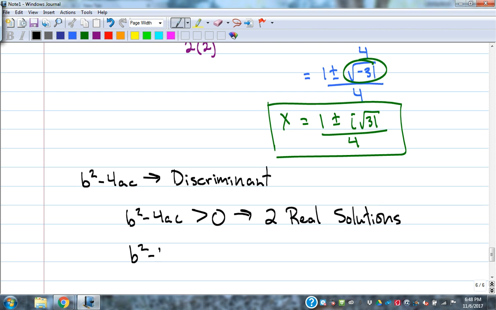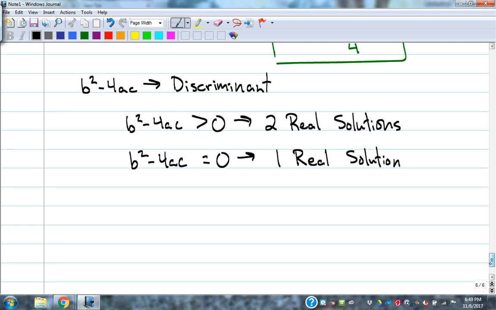If b squared minus 4ac is equal to 0, you're only going to get one real solution. If b squared minus 4ac is less than 0, what kind of number is it? Negative.